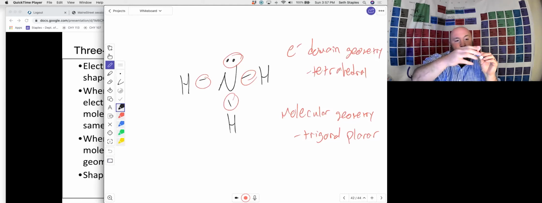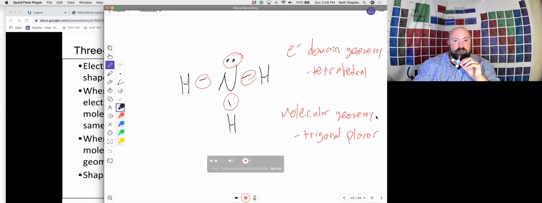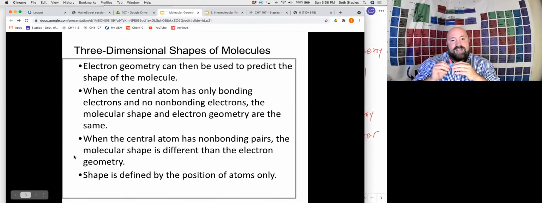We have 1, 2, 3, 4 electron groups, but only 1, 2, 3 of those are bonding groups. And so our molecular geometry is not the same as our electron domain geometry. The shape, the actual molecular geometry, the shape of the atoms in a molecule is defined by the position of the atoms, not necessarily all the electron groups.